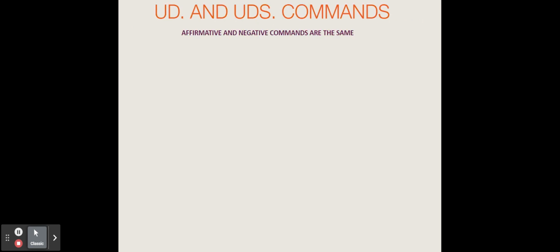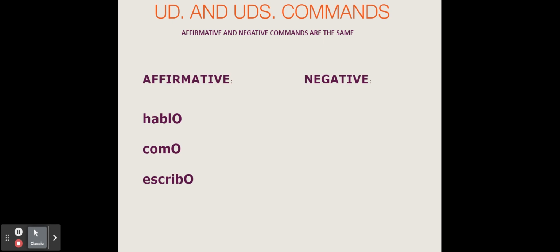For the tú commands, you may remember that the affirmative command was completely different from the negative. That is not the case with the usted and the ustedes commands. Fortunately, the endings for the formal, the usted, and the plural are exactly the same. You are gonna use the yo conjugation. You are gonna drop the o from the yo conjugation, and then add the ending.